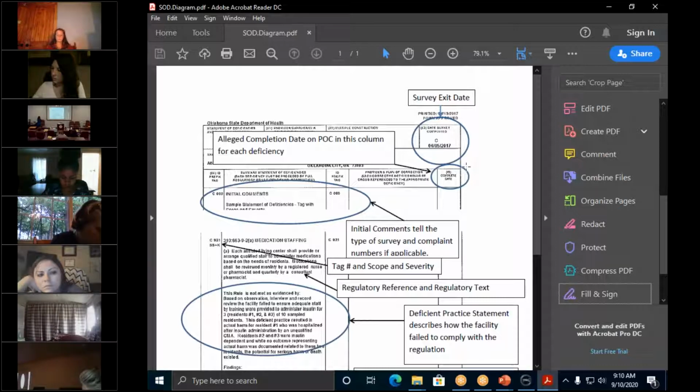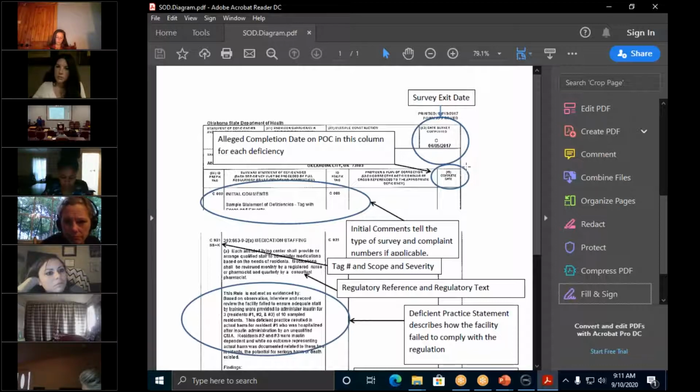The first column over on the left-hand side has the tag number. At the top, it will have initial comments. It tells the type of survey and the complaint numbers, if applicable.